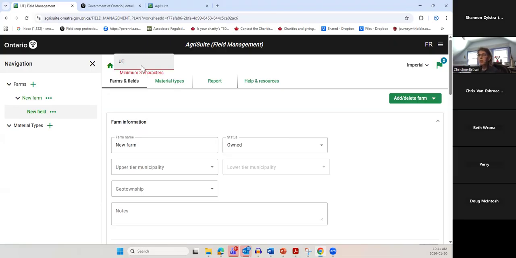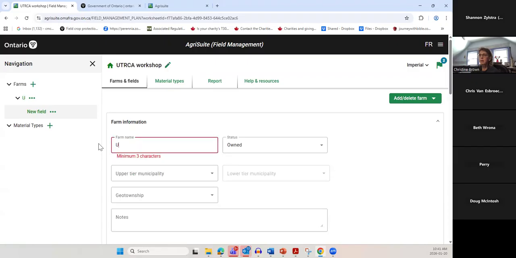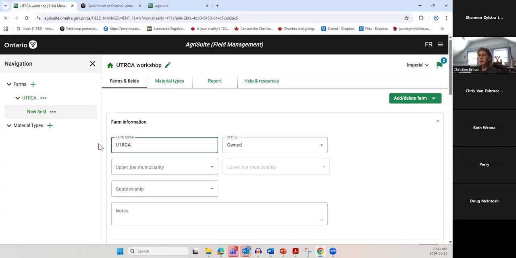You're going to find out that when people have webinars, they can't type. Okay. So that way I'll remember what it is. And so then the first thing I'm going to do is give my farm a name. I'll be very original. So UTR Farm 1.